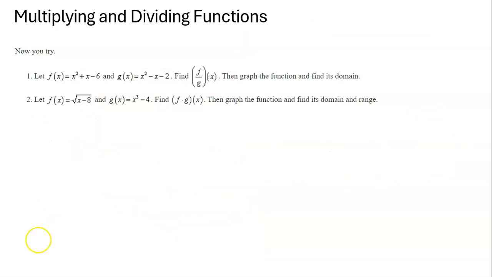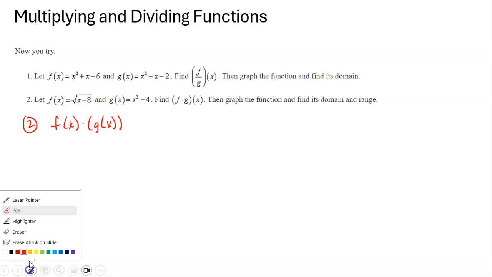Hold on a minute. Much better, sorry. So we were on 2. We're doing f of x times g of x, which you don't have to write like that. You can write differently.